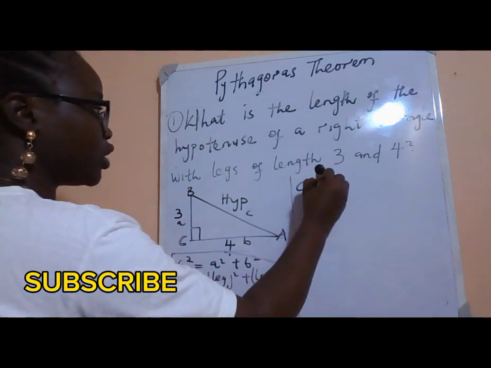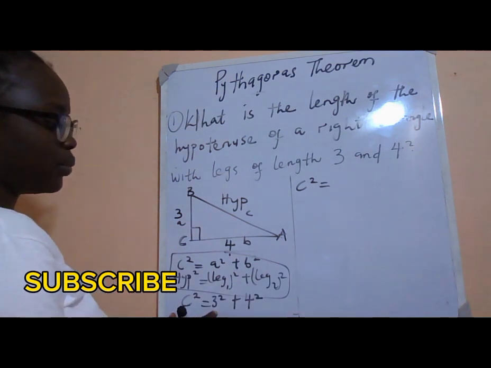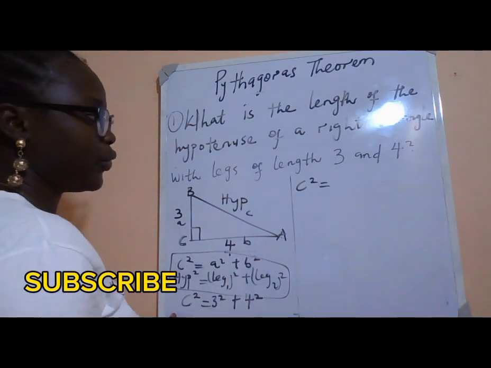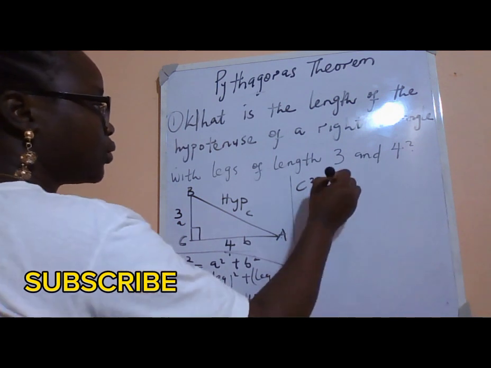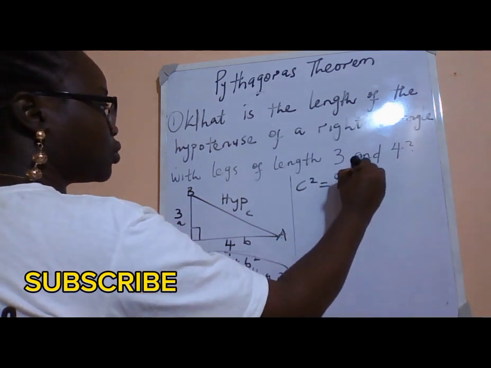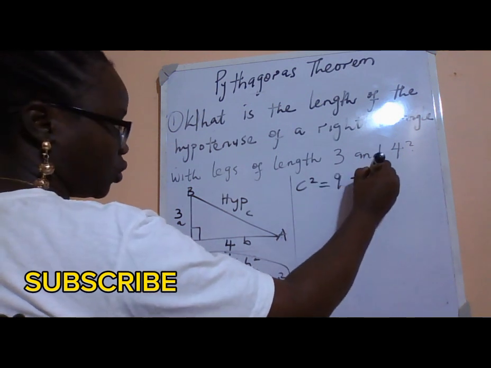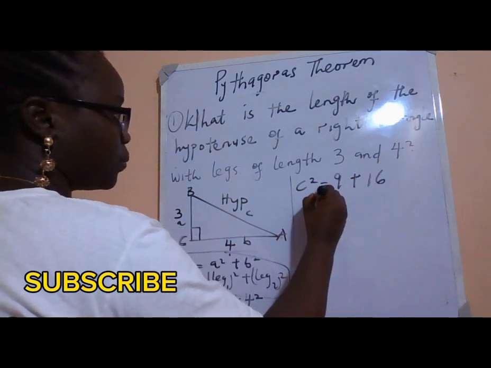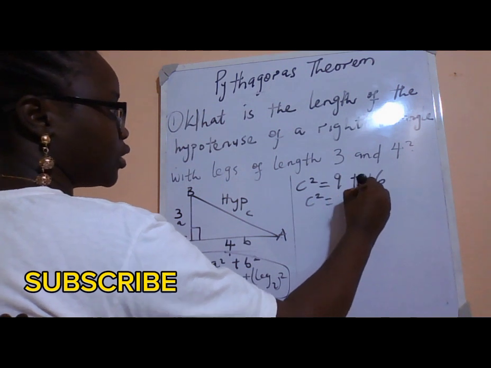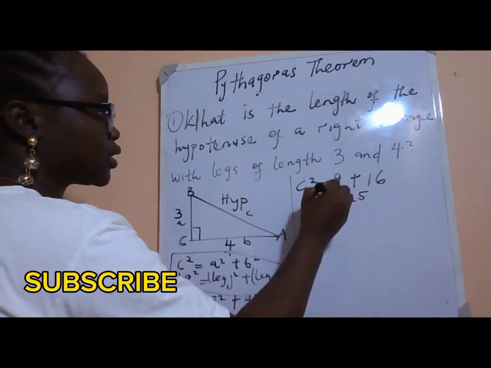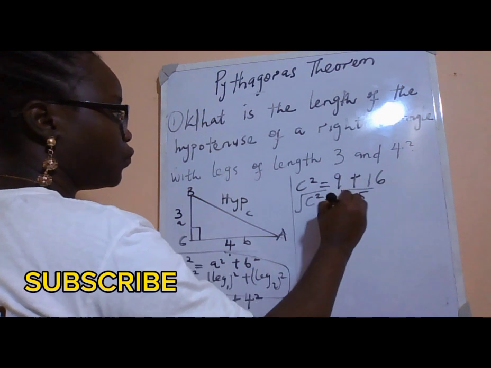So we have c squared equals what? 3 squared means 3 times 3, so 3 times 3 is 9, plus 4 squared, which is 4 times 4, which is 16. So we sum it up. c squared equals 25. So we need to square root both sides to get the value for c.